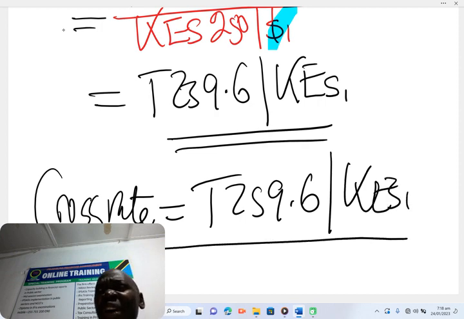Do you understand this one? The cross rate. So always, when you are asked to compute the cross rate, an examiner must first provide two quotations. Number 2, the two quotations must involve 3 currencies. Step number 3, there must be a common currency.